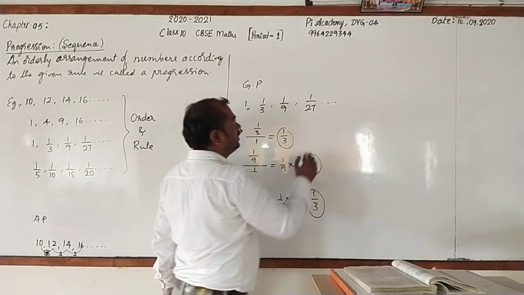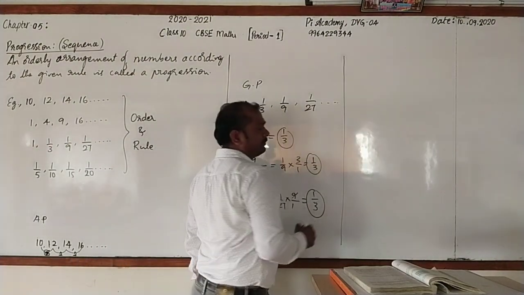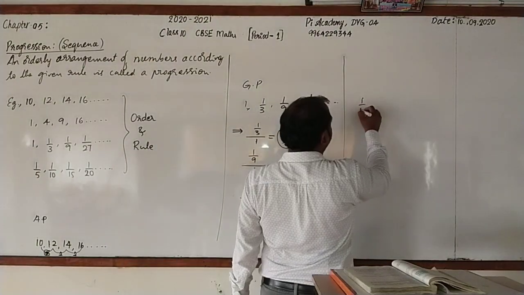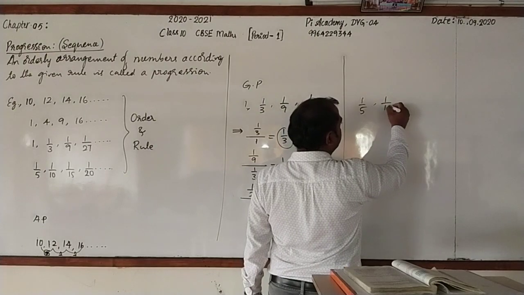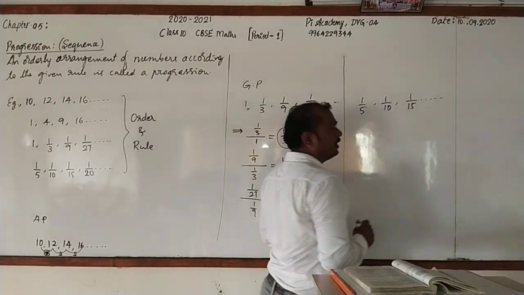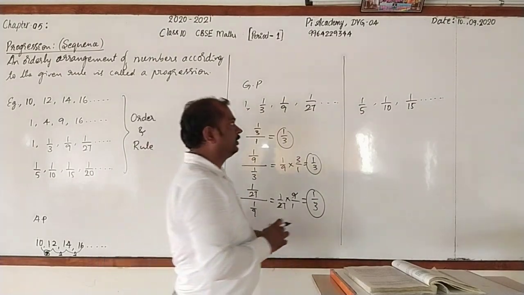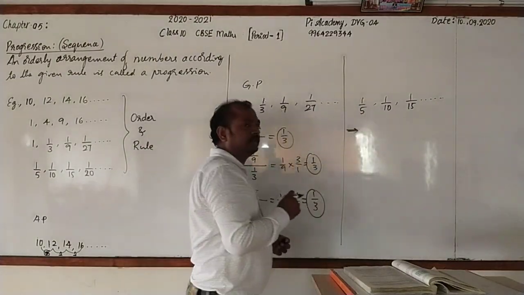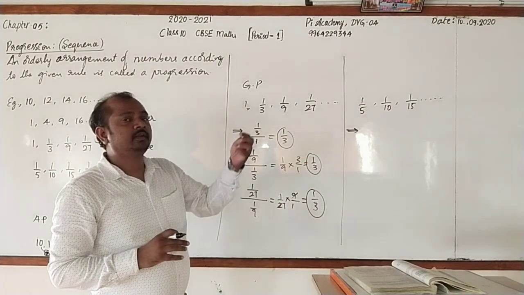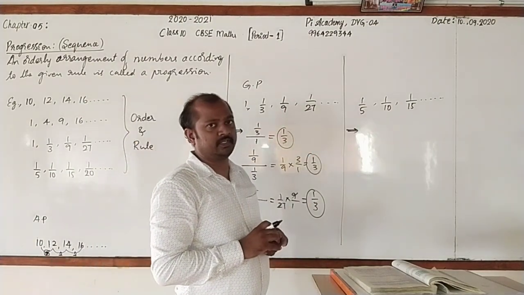Clear? Now let me take one more example. Observe that. It is 1 by 5, 1 by 10, 1 by 15 and so on. Here you take the reciprocal of the term and find out the difference between a term and its preceding term.